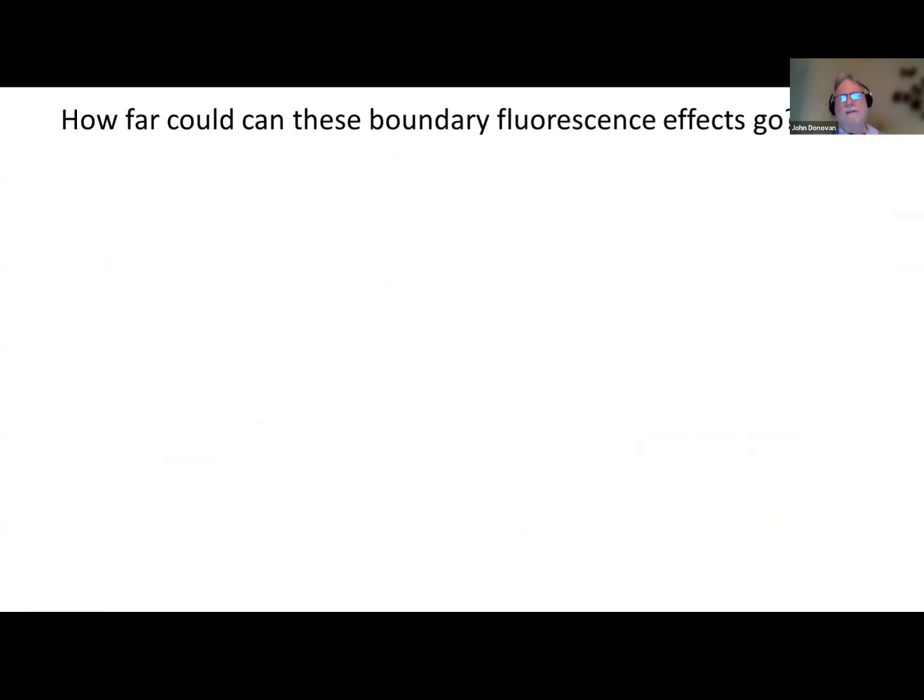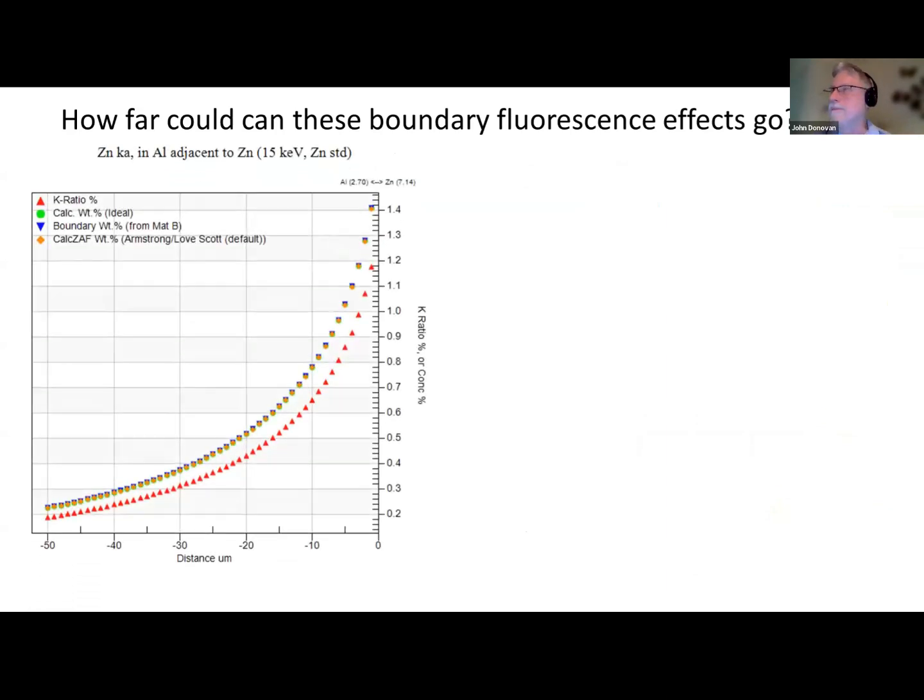So how far could these boundary fluorescence effects go? Some time ago I was contacted from Oak Ridge, and they were getting this weird thing where they're measuring zinc adjacent to some aluminum alloys at a considerable distance from the phase boundary, and they wondered what I thought about this.